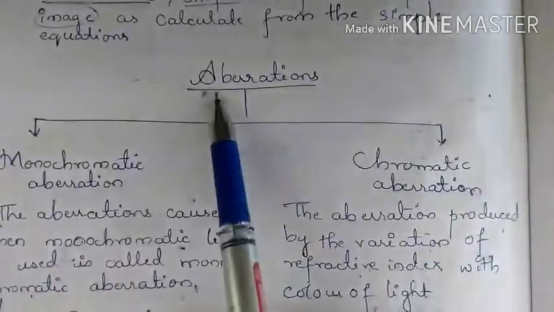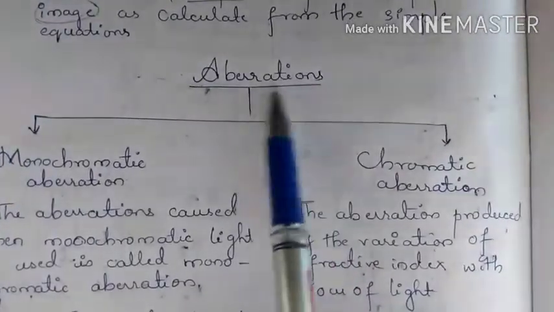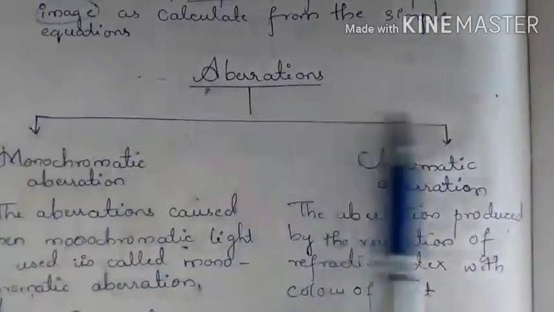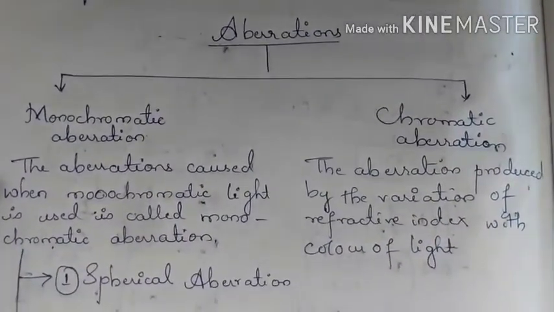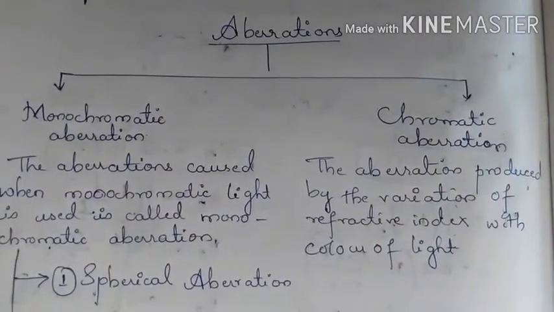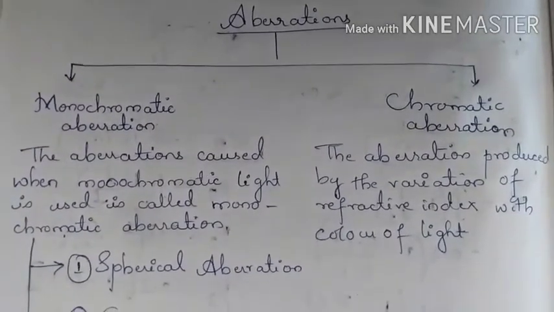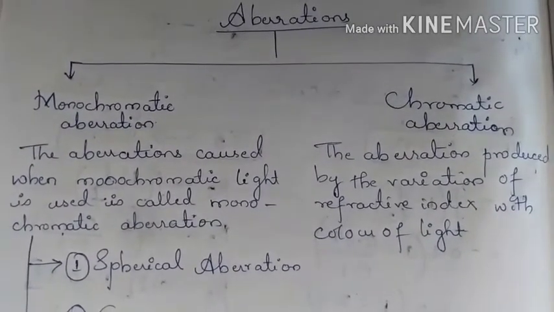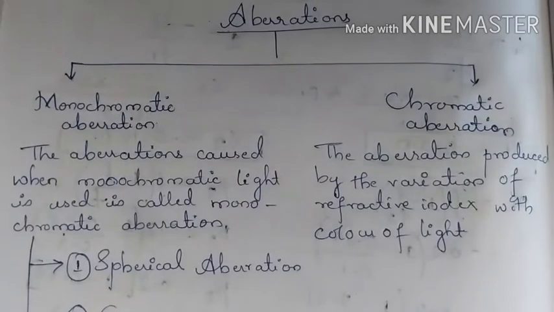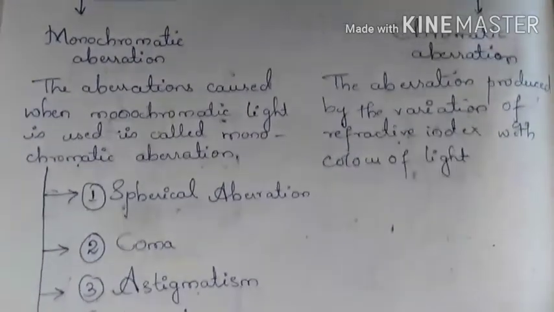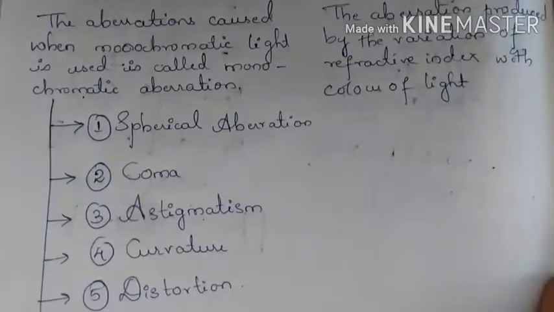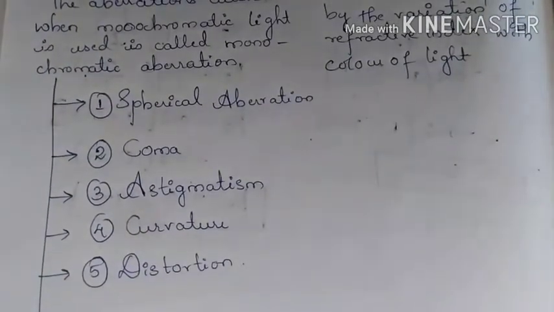So you understood what is aberration and what are the two main types of the aberration. In that we learned there are basically two main types of aberrations: monochromatic aberration and chromatic aberration. In monochromatic aberration we have 5 different types.